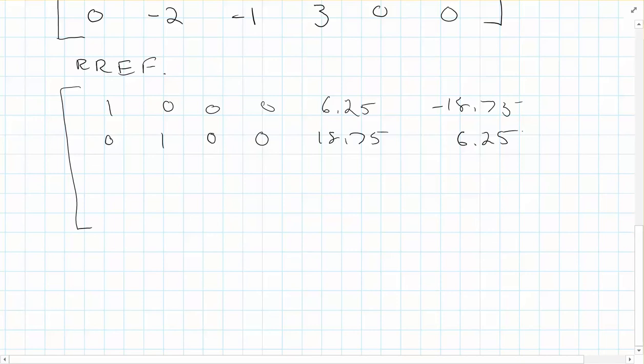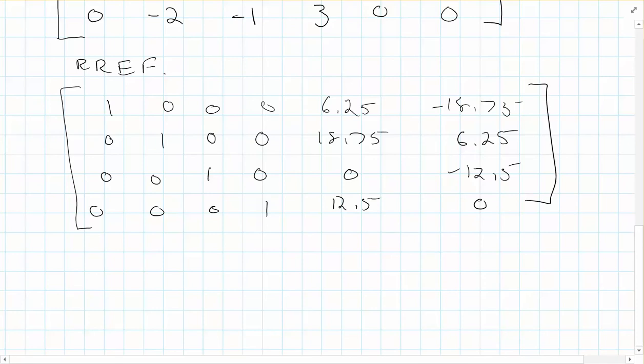And then we get 0, 0, 1, 0, 0, negative 12.5, 0, 0, 0, 1, 12.5, and then 0.